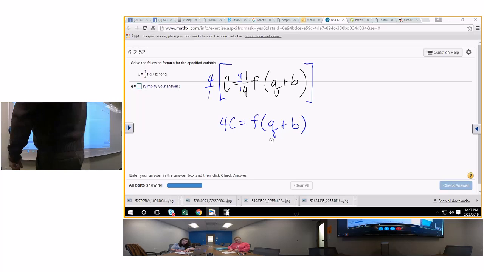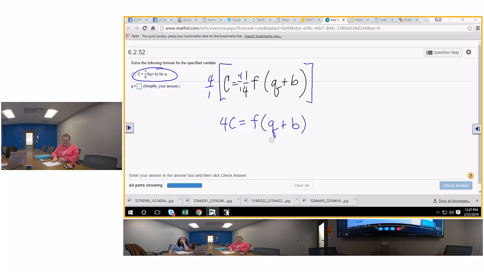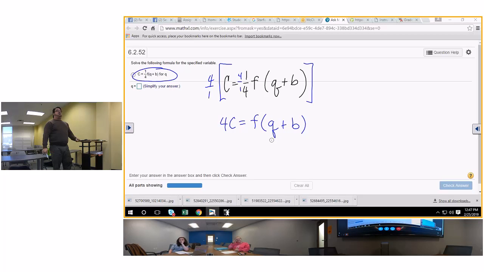Now that you've cleared the fraction, you can say, I'm solving for Q, so I have to get rid of F. How do you get rid of multiplying by F?